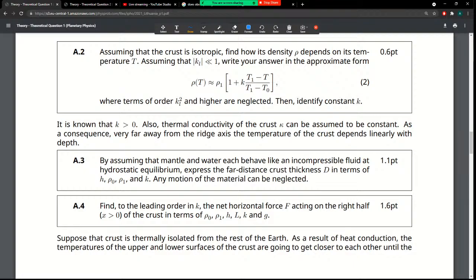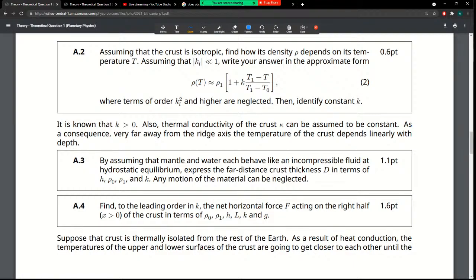By assuming that mantle and water each behave like an incompressible fluid at hydrostatic equilibrium, express the far-distance crust thickness d in terms of h, rho naught, rho 1 and k. Any motion of material can be neglected.